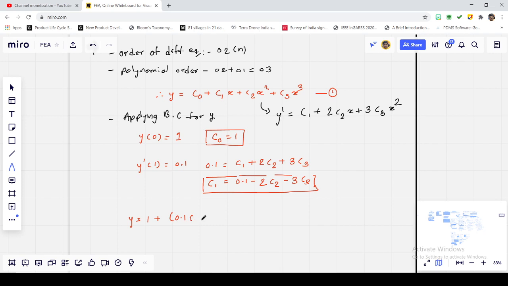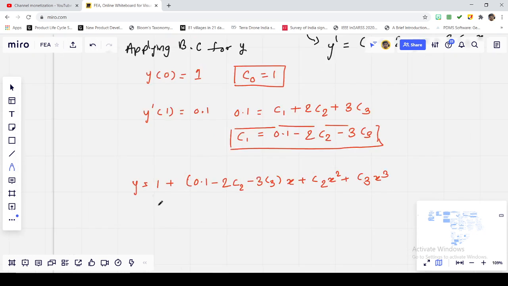1 plus 0.1 minus 2c2 minus 3c3 x multiply plus c2x square plus c3x cube.